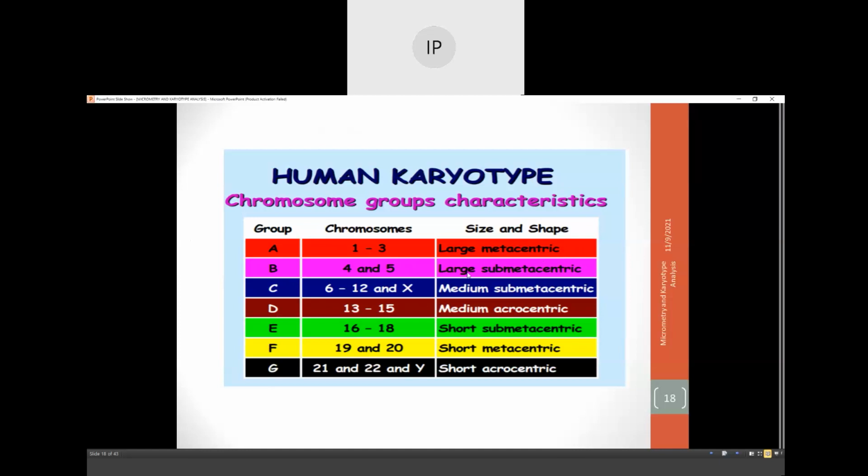B, 4 and 5, large submetacentric. C, 6 to 12 and X chromosome, medium size having submetacentric centromere. D is 13 to 15, medium sized acrocentric. E, 16 to 18, short submetacentric. F, 19 and 20, short metacentric, and G is 21 and 22 and Y chromosome, short acrocentric.